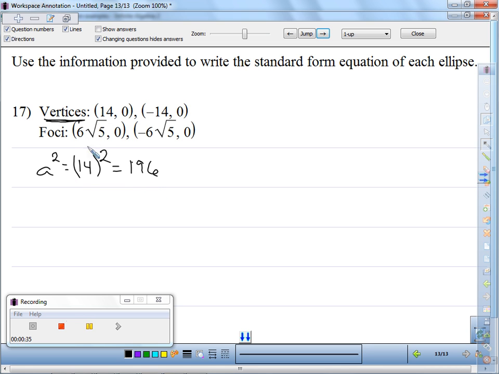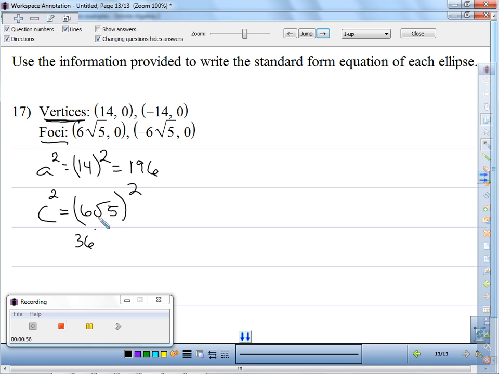Okay, well you're given what C is because you're given this. So C is equal to 6 square root of 5. So let's come up with what C squared is. Now, be careful with this. I don't know how your calculators will treat this, but square the 6 since it's outside the radical, so you get 36.